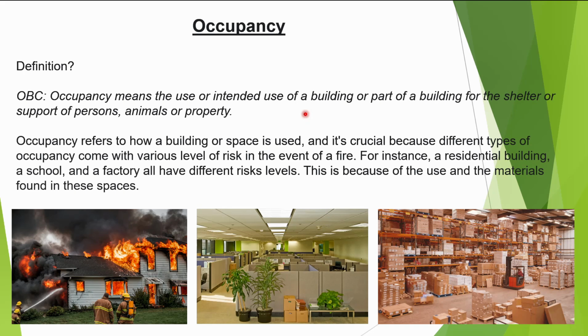For example, a residential building, a school, and a factory all have different risk levels. This is because of the use and the materials found in these spaces. If you look at a warehouse, you see boxes, wood which makes the pallets, and plastics.